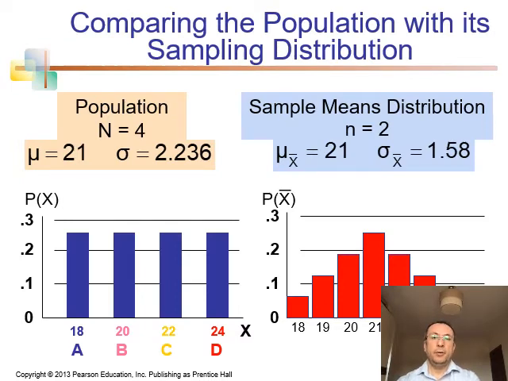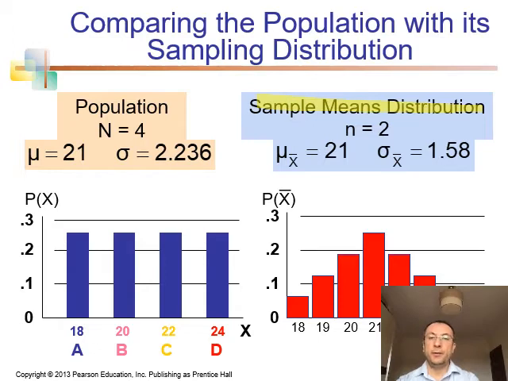So here we have an example. Let's say we have a population of 4, and mu is 21 and sigma is 2.236. Now we want to find the distribution of the sample mean, how the sample mean is distributed.